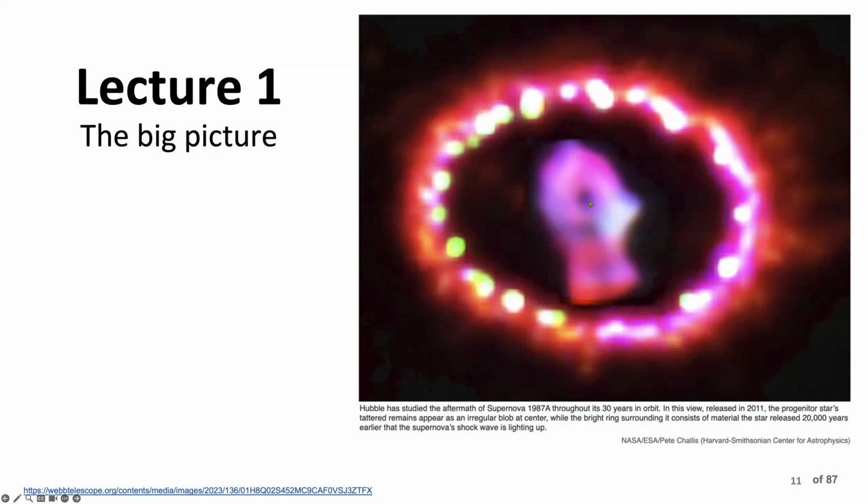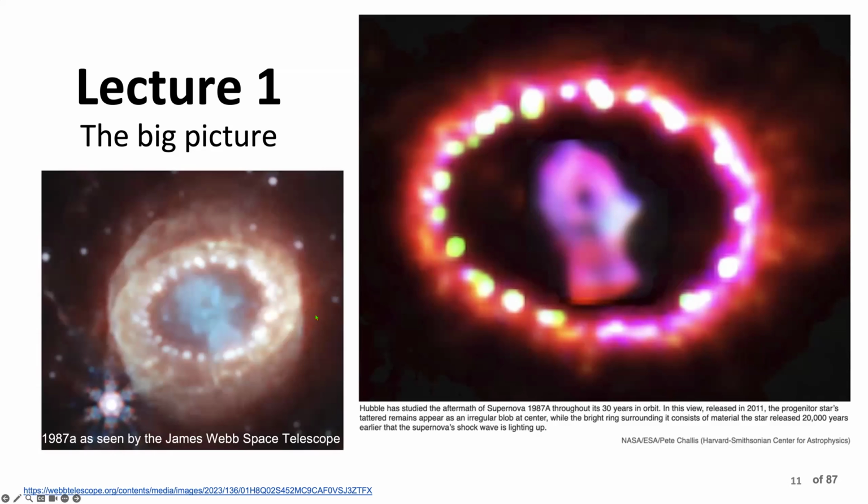This is the result of the explosion of a massive star, and an outward flow of highly energetic particles and light that interact with the cloud of gas and dust that existed around this star before it exploded. And we now have this much more detailed picture of the same area. This comes from James Webb. This picture was taken in the last 3 years.